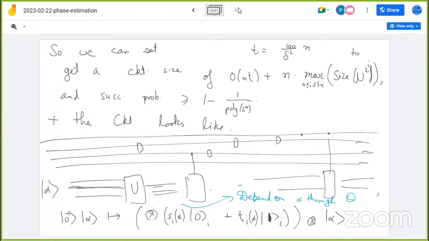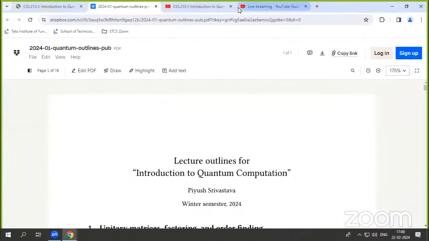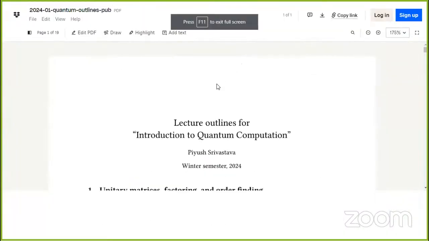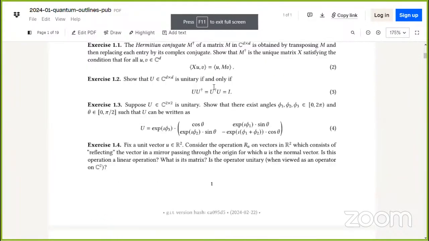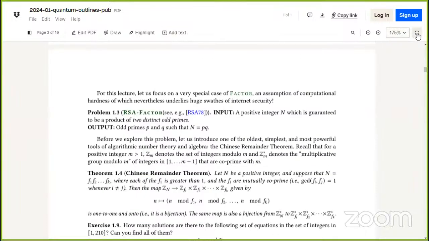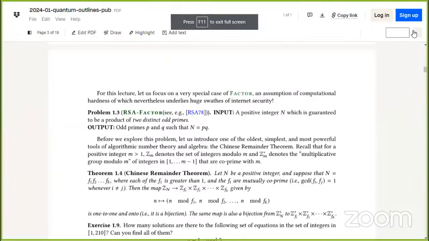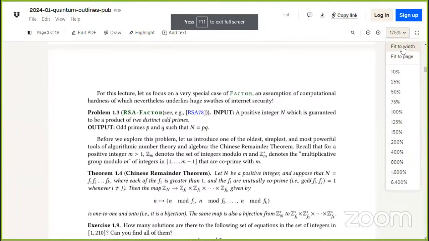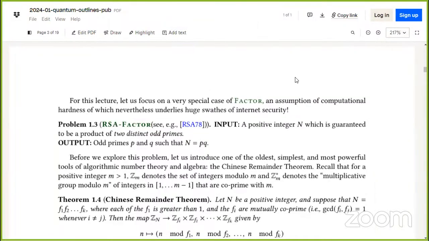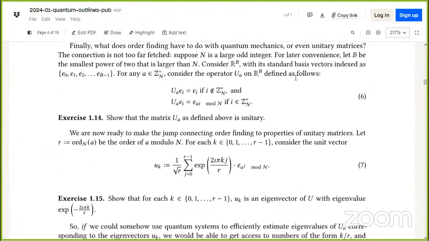Okay. So now let's look at the factoring again. In factoring, the unitary we had was the following kind.